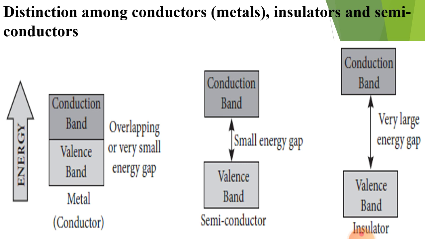Like that, they also have two types of bands, one valence band and second conduction band. So that's why metal shows more conductivity in comparison to semiconductor and insulator.